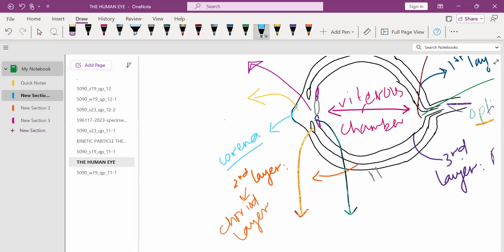Then this portion that I have highlighted using purple color is the pupil. Here the pupil is present. Then these are the ciliary bodies that I have highlighted using a multicolor pen, the ciliary bodies.